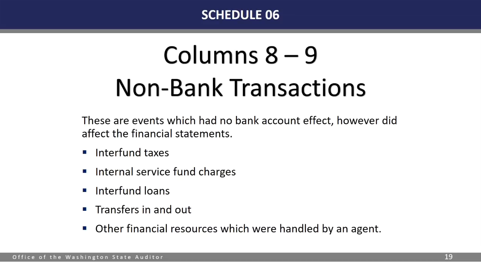So continue with this process for specific types of revenues and expenditures. For example, how do you pay an internal service fund for services performed to other funds? How about utility taxes? Did you have any bank loans which were sent directly to a vendor for a purchase that weren't hitting your bank accounts? Any revenue or expenditure that didn't have a bank effect is a reconciling item that auditors are concerned over.